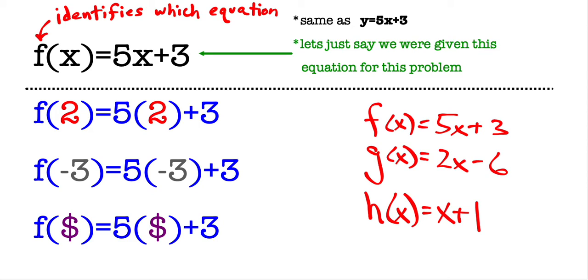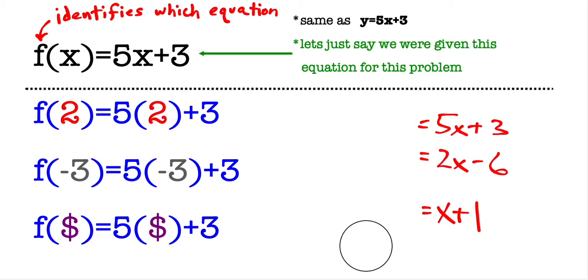When somebody says h of something, you know it's talking about that equation. So the whole point of the letter is just to identify different equations when you have a bunch of them. Because it absolutely starts getting confusing if they're all white. So that's pretty much the main reason.